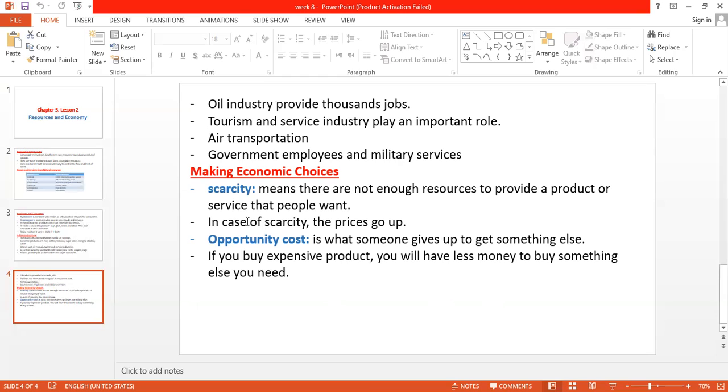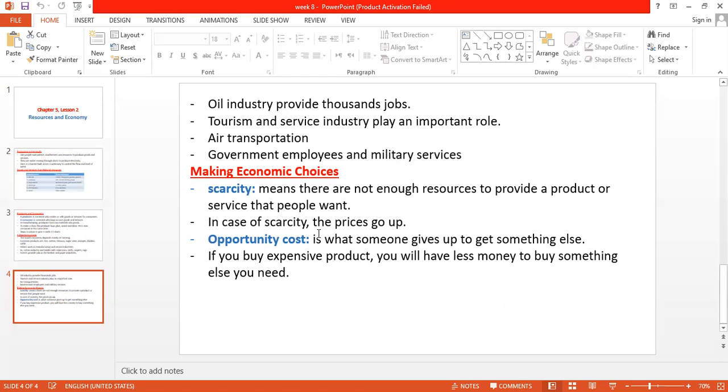So sometimes the countries that have a scarcity in something have to make an opportunity cost. For example, now Saudi Arabia, because they have a scarcity in water, water is very expensive. They have an opportunity cost.